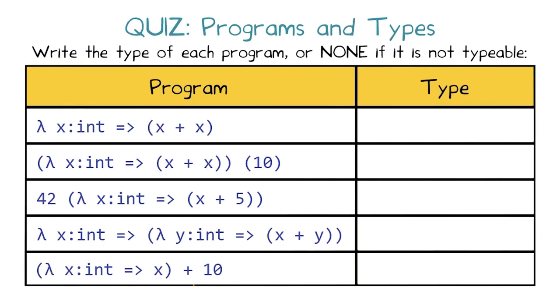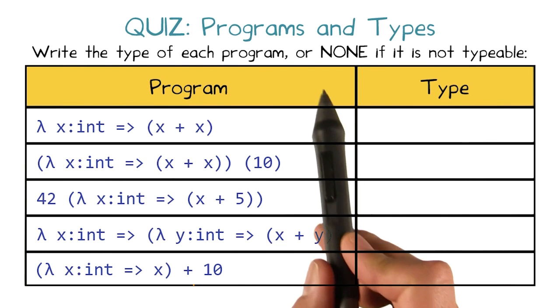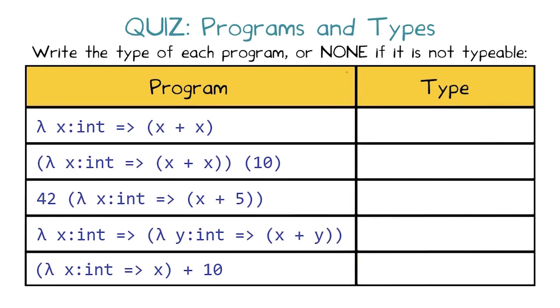Write the type of each program in the box beside it, or none if it is not typable. Note that in our type system, each typable program is guaranteed to have a unique type, so there will not be any ambiguity in the type of these expressions. Please use parentheses to disambiguate the type if needed.